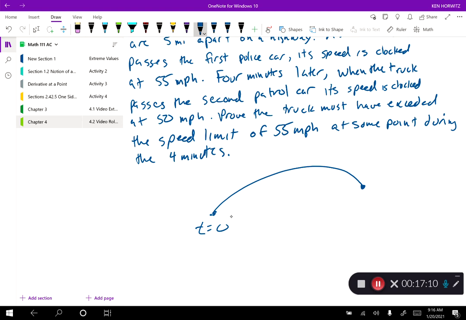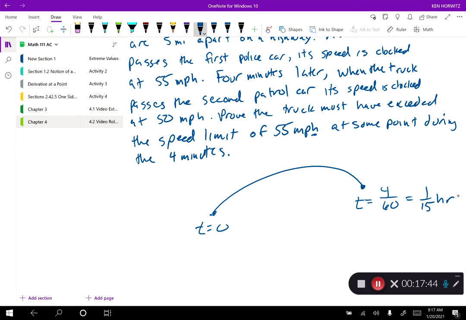And at the second police car, if we're going to do time in hours, because it's miles per hour, so I want my time in hours, I'm going to take my 4 minutes divided by 60 and get 1/15 of an hour. Does that make sense to everybody? Because if I'm going in miles per hour, I want my time to be in hours, not minutes. That way everything is a similar type label.